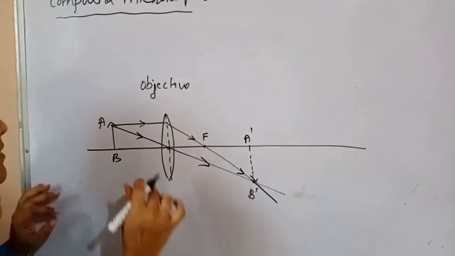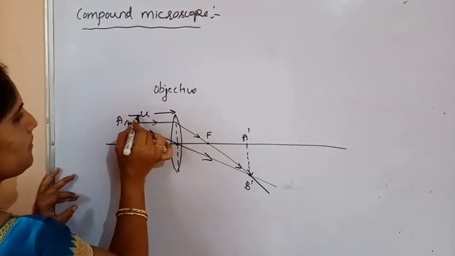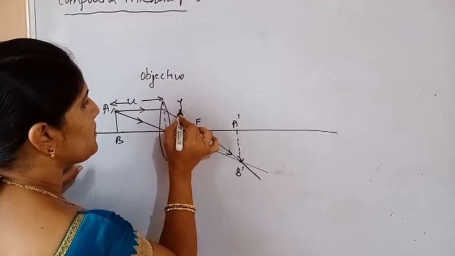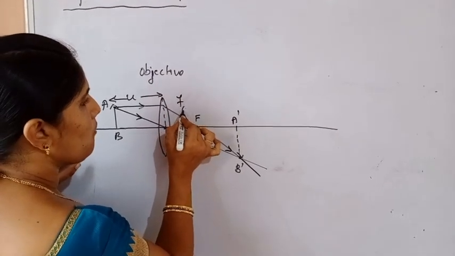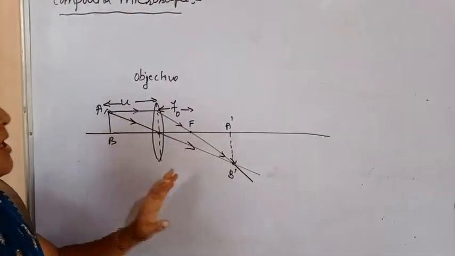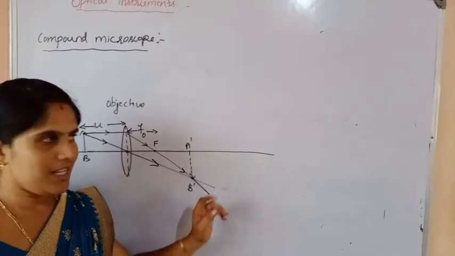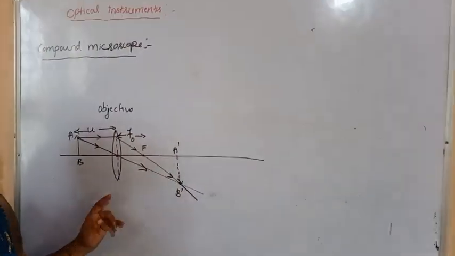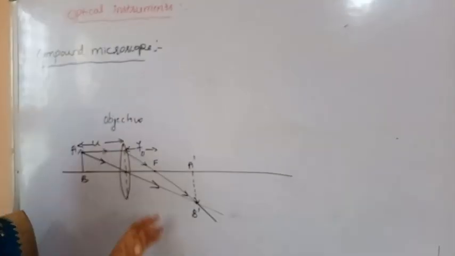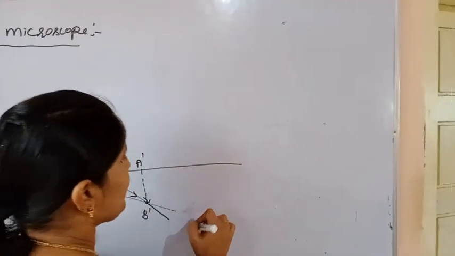Okay. So this is the object distance, that is U. This is the focal length of the objective, that is FO. So this image itself acts as an object for the second lens. Which is the second lens? That is the eyepiece. This image A dash B dash acts as an object for the eyepiece.